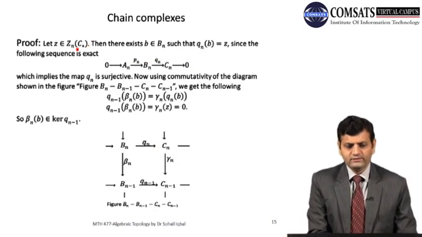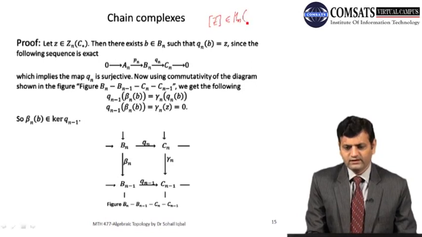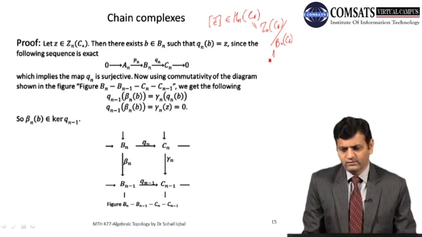So starting from an element of Zn C star. Why have we taken this? Because we have considered an element of Hn C star, and let me say again why Z belongs to Zn C star: Hn C star is equal to Zn C star quotient Bn C star, and the elements of this are of the form Z plus Bn C star, where Z belongs to Zn C star.